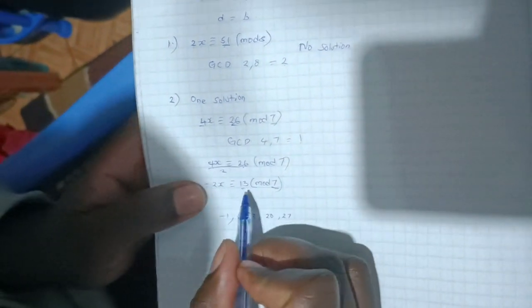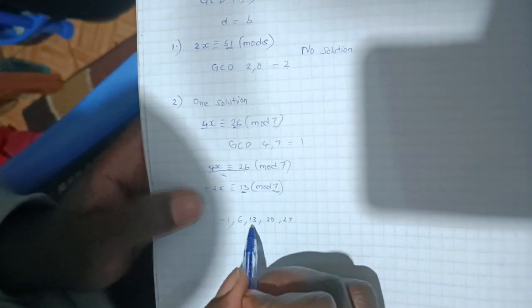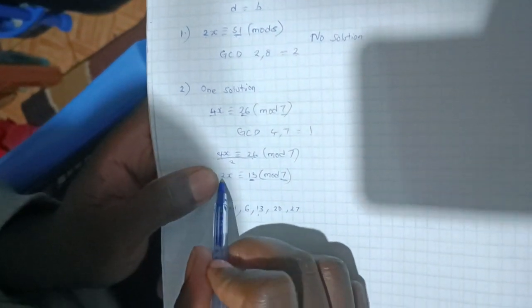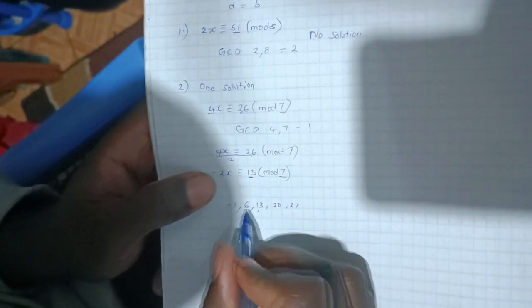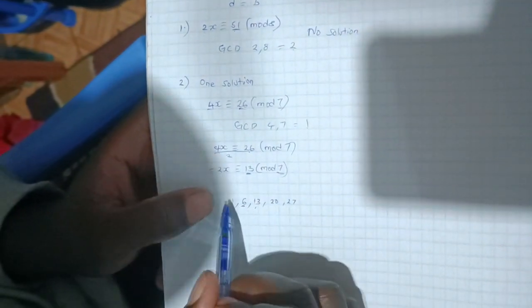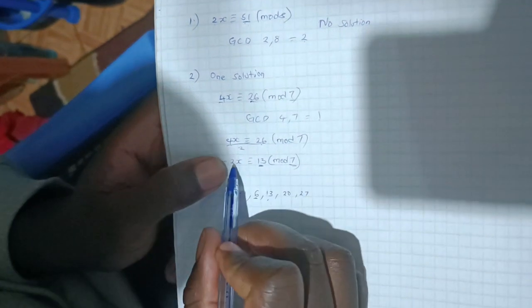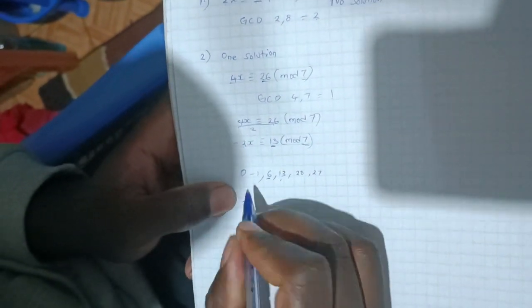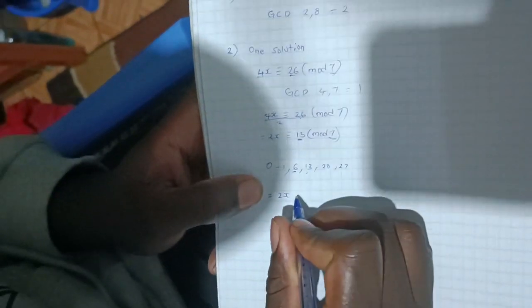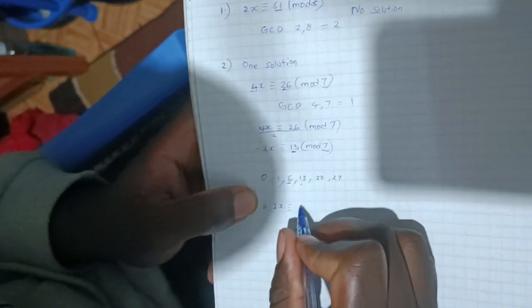So in this case we're supposed to find a number here which is divisible by 2 and closer to 0, which is 6, the closest number to 0 which is divisible by 2. So we substitute this 13 with 6 to get the equation, which is 2x congruent 6 mod 7.